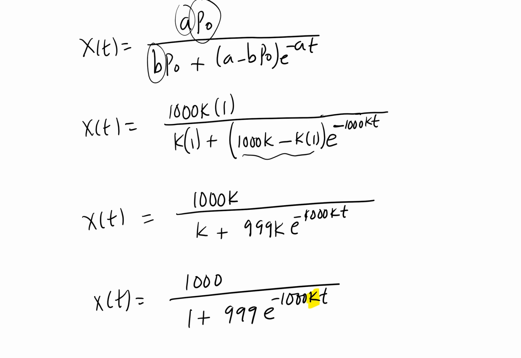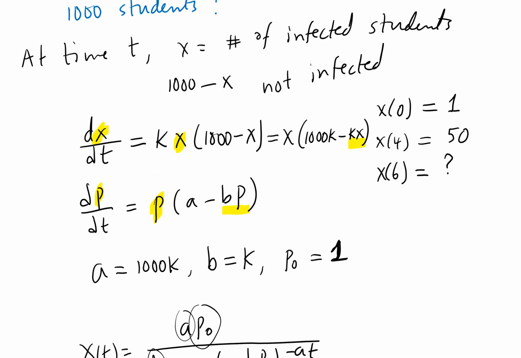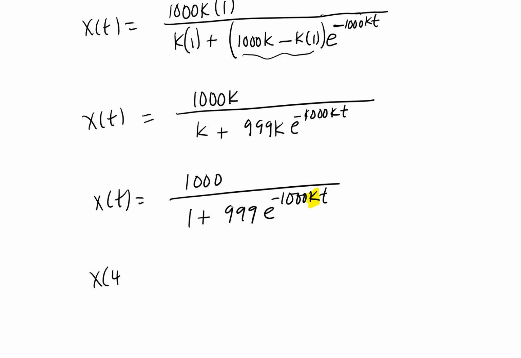We set t as 4. So I think Albert was talking. He said use this given. We already used the first one, but we haven't used this yet. X of 4 is 50. So we substitute t equals 4. This is 50.